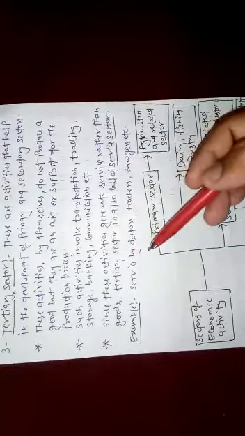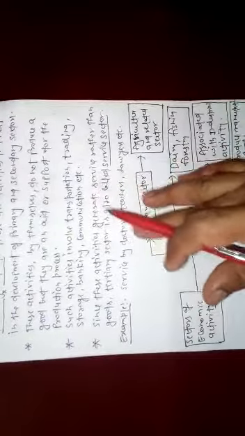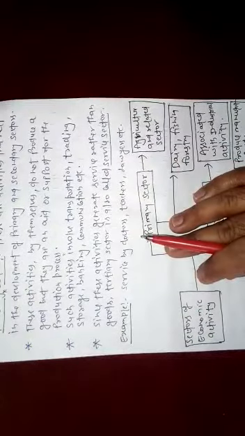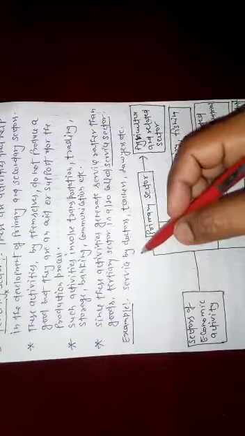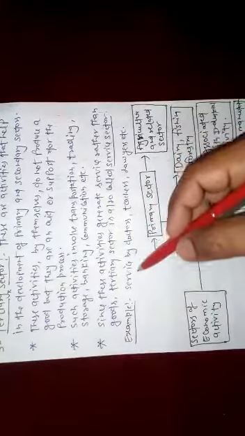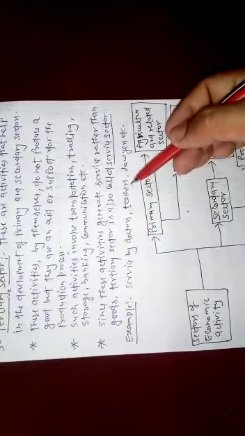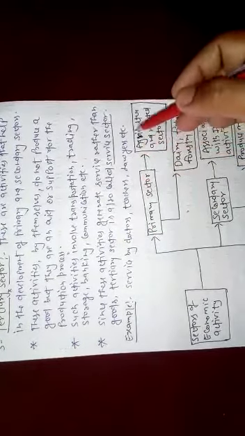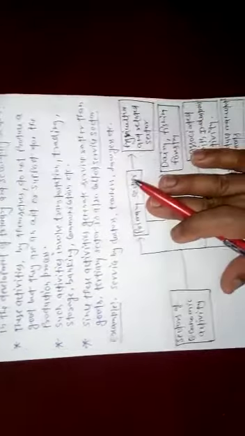More and more services are generated in this sector. For example, services provided by doctors in hospitals, teachers in schools and lawyers in courts all come under the tertiary sector.